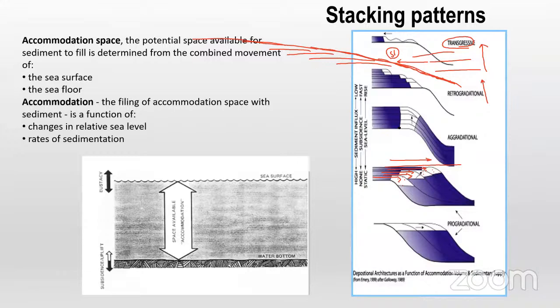And in some part, when we have deposition of sediments, the accommodation also goes down. We have a reducing or decreasing of accommodation surface because of the flux of the river.